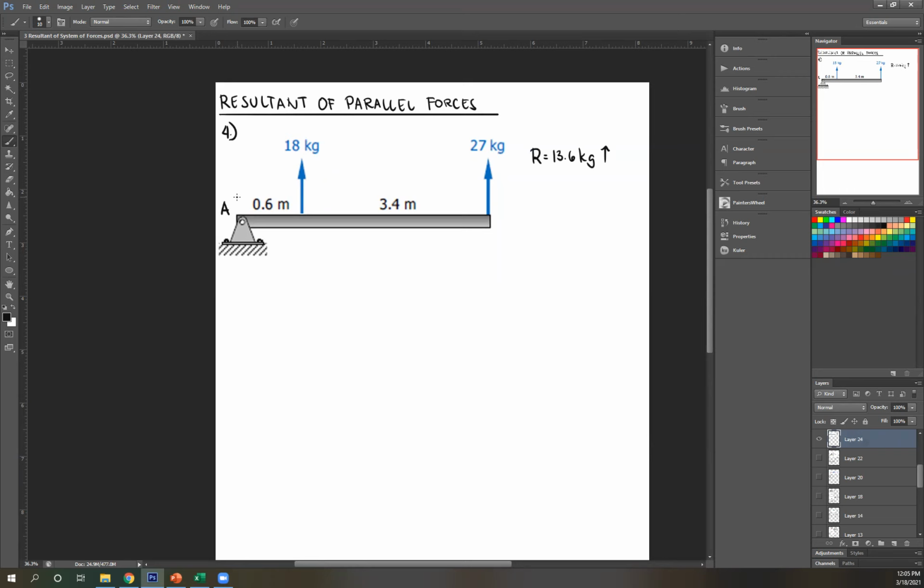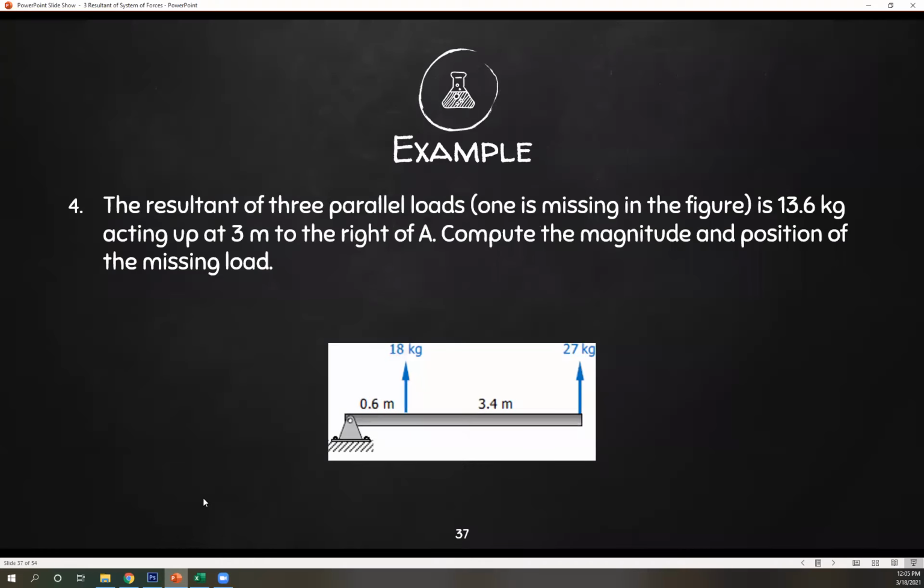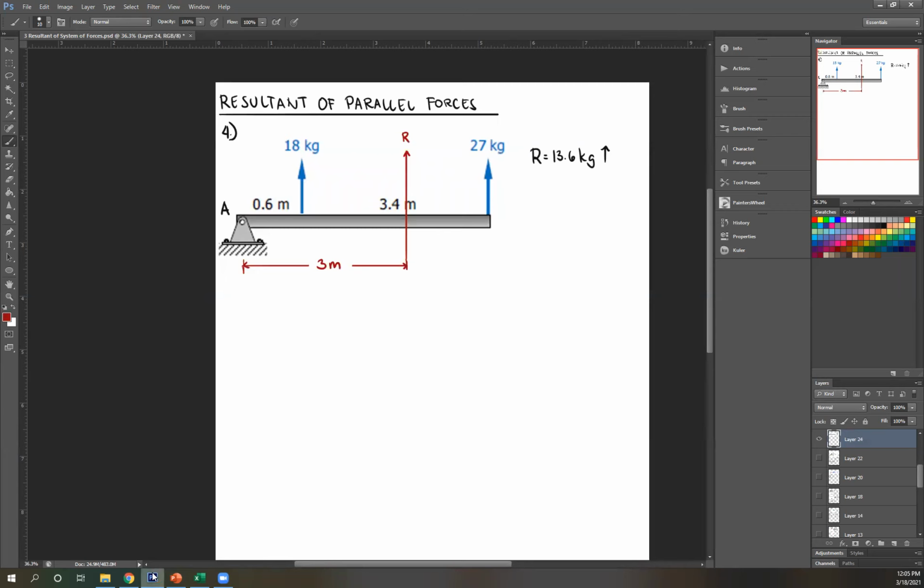Let's draw that as such, an estimate of 3 meters to the right of A. What are we looking for? Compute the magnitude and position of the missing load. There are supposed to be 3 forces here that create a resultant R.